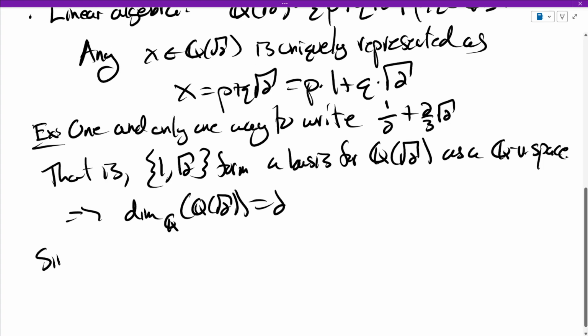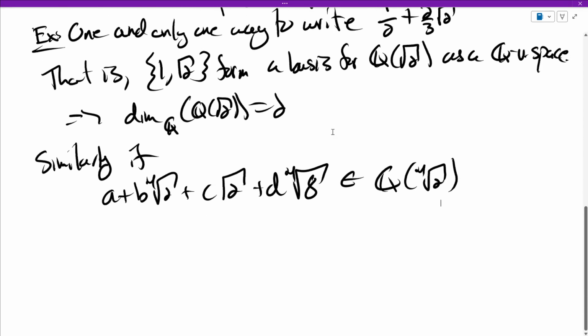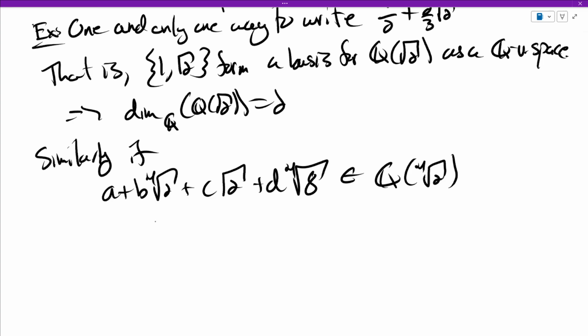Similarly, if we had any element, let's use different letters, a plus b fourth root of 2 plus c times the fourth root of 2 squared, which is the square root of 2, plus d times the fourth root of 8, which is the fourth root of 2 cubed, if we have this element here, we can actually go in and do a trick.